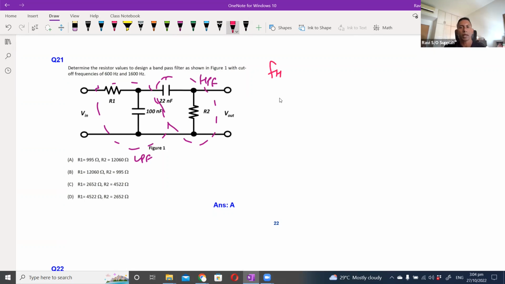The frequency for the high pass filter is 600, which would be 1 over 2 pi, 22 nano, and R2, which means R2 is going to be 12.06.